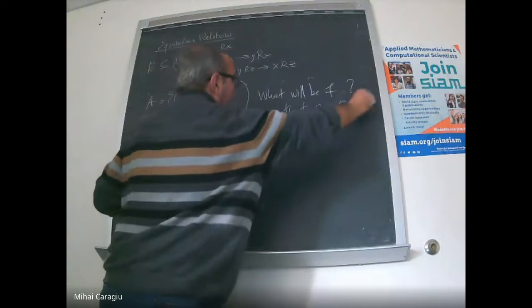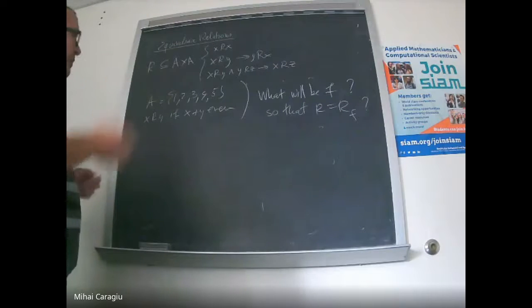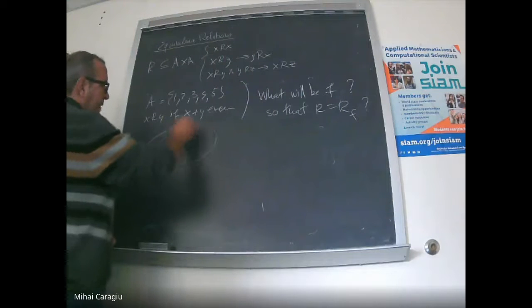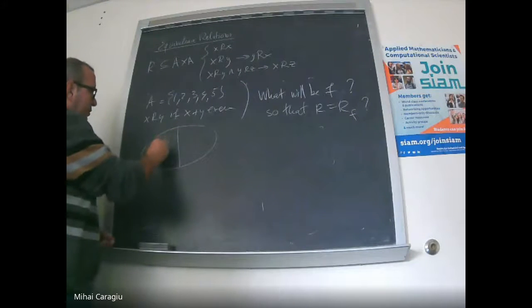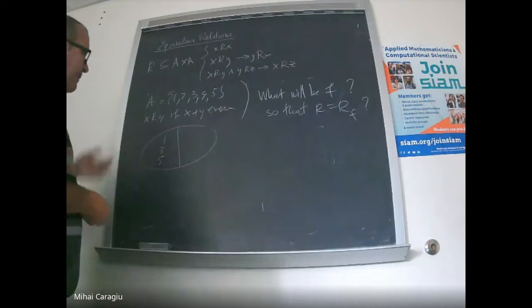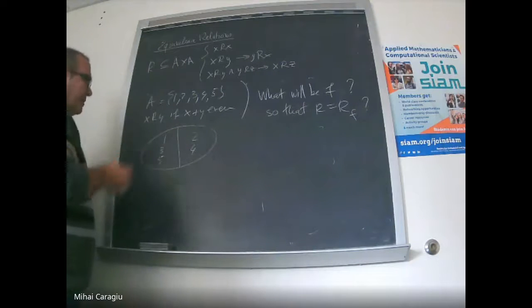The codomain of this F will be the set of blocks. We've seen that the blocks of A were 1, 3, 5 and 2, 4. Within a block, everything is related to everything. Between two different blocks, there are no relations.